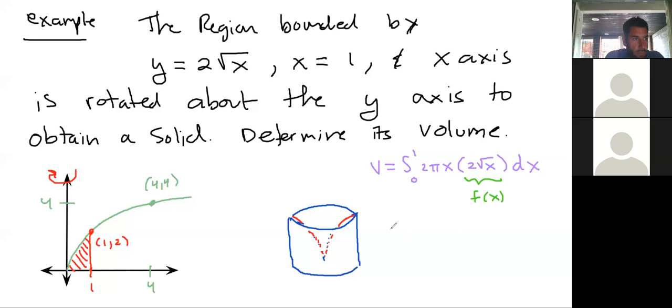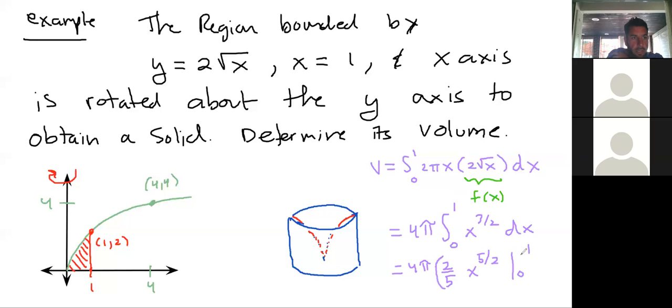And so if you do some basic algebra, this 2 times 2 is 4. So the 4 pi can come outside, and then all you're left with is the integral of x times the square root of x, which is x to the 3/2. And so this becomes 4 pi times 2/5 x to the 5/2 from 0 to 1.